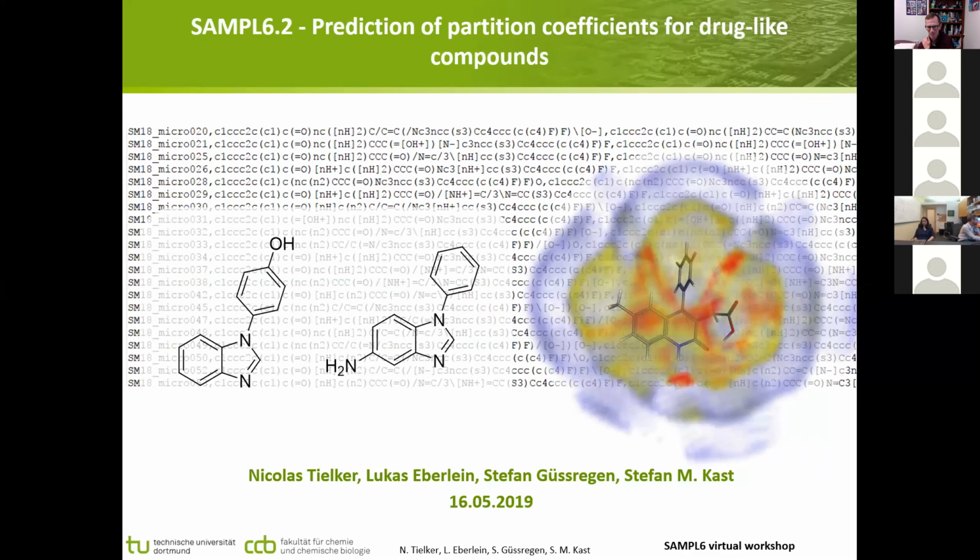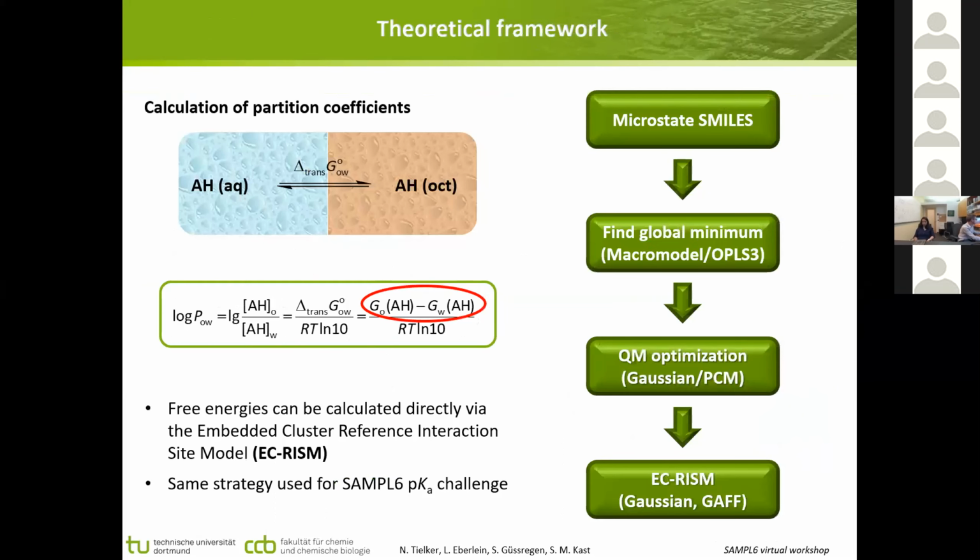Okay, so I'd first like to thank the organizers of this virtual workshop for giving me the opportunity to present my results here. What we did to predict partition coefficients between water and octanol was to calculate the transfer free energy between those two solvents. We do this by calculating the individual free energies of each molecule in both solvents.